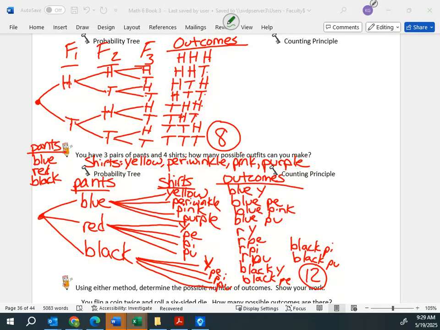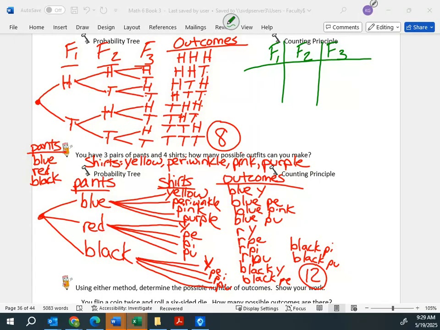The counting principle, we still have flip 1, flip 2, and flip 3, because there are 3 events happening. So we have to make sure that we put every event on top. This is the most common mistake people make. They don't put all of the events for the counting principle. So always, always, always ask yourself, how many events are happening? How many choices are you making?